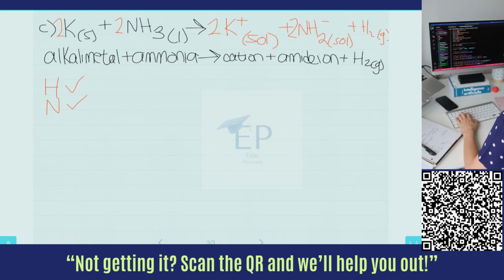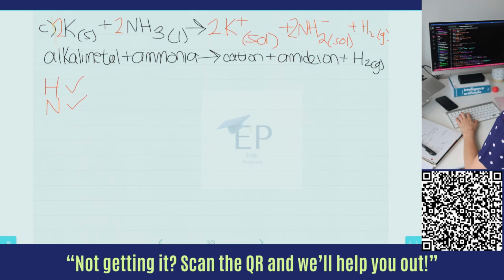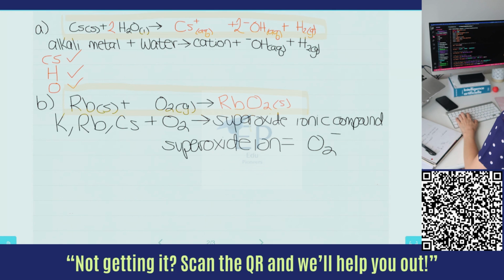So we want to make sure that we give potassium a coefficient of 2 as well, because we don't want to have too many electrons or too few electrons on either side of the equation. This is the balanced equation for part 3, and I'm just going to highlight it. And if you need a reminder for the answers for part A and B, I wrote it on the previous page.